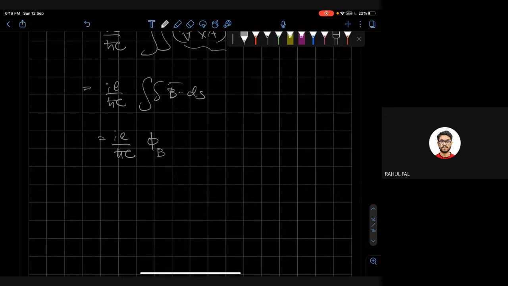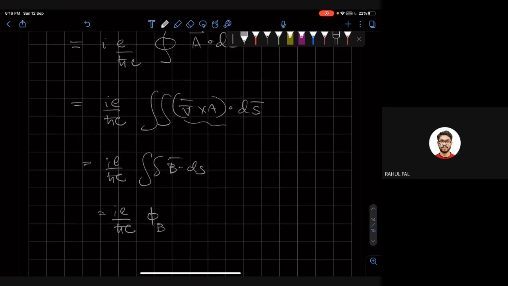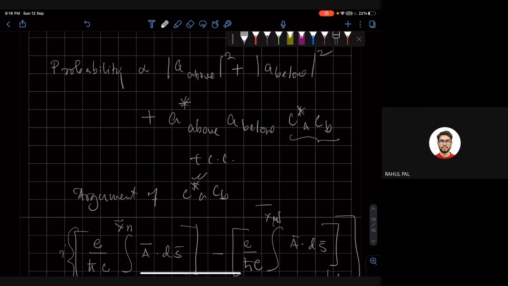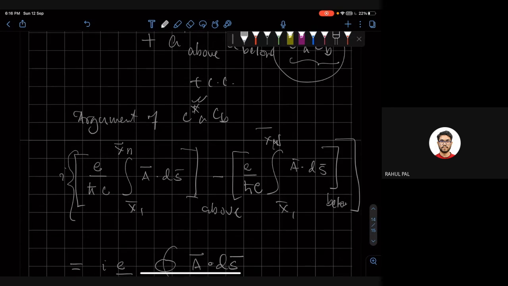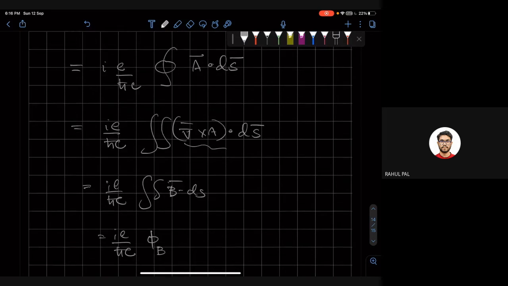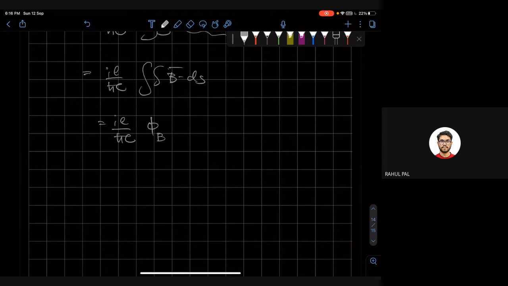And now what we can do is that the magnetic field is a variable we can control. So if we control the magnetic field, we see that the interference pattern will change because this thing will change. And because it's in an exponential with i, you will have a periodic interference pattern.